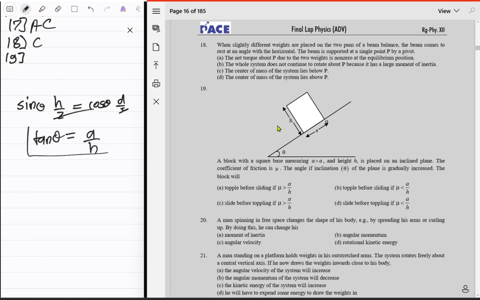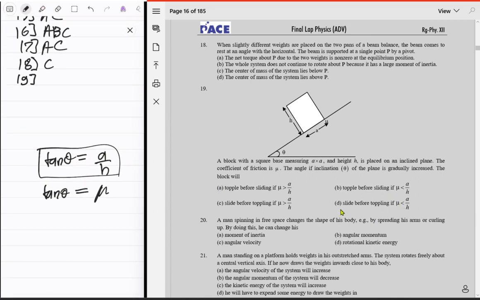So when it topples, this should happen, and if it slides then tan theta is equal to mu. Okay, so if mu is bigger, since initially theta was 0 and it's increasing, it topples before sliding if mu is bigger than a upon h, yeah, I believe that. It slides before toppling if mu is less than a upon h. So A is correct and D is correct, I think. Next question.